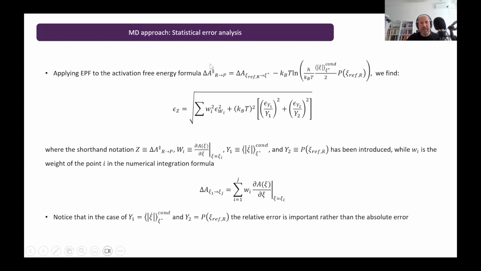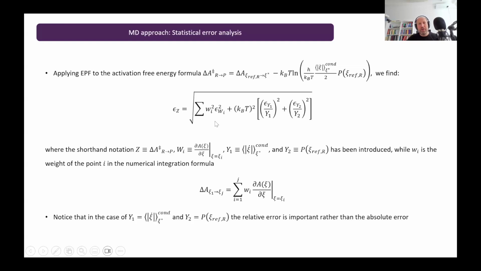So in our specific case, our quantity G, so to say, the main quantity, now depends on multiple things. First of all, this reversible work is in itself computed as a weighted sum, whereby each gradient for each integration point will contribute to the statistical uncertainty. And then, of course, we will have contributions from velocity and from probability density terms.